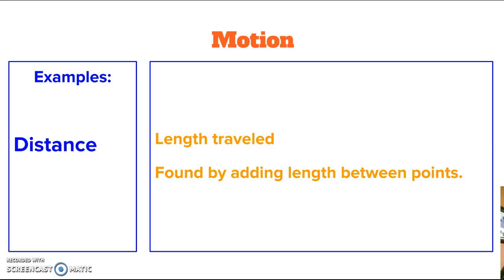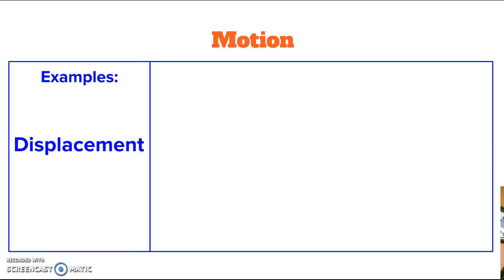The new word that we added was the idea of displacement, because we needed to clarify if you made a trip and you went really far and you came all the way back home, how far have you actually traveled? It was unclear whether you've traveled really far or you haven't traveled at all. So we clarified that by adding a new word to our vocabulary: displacement.